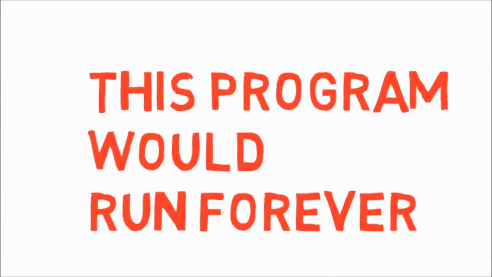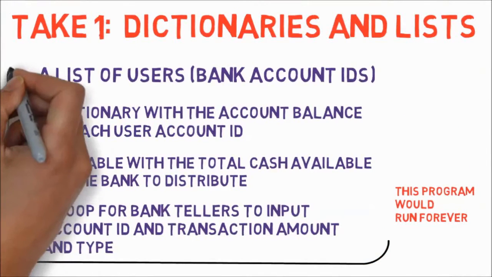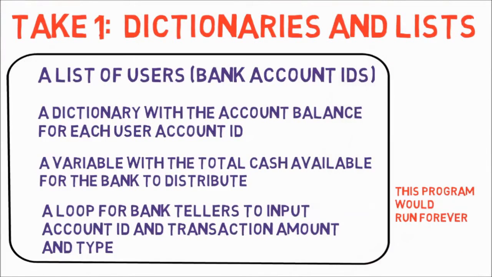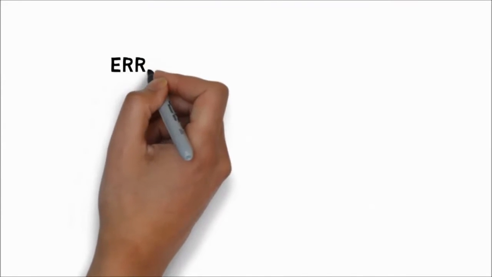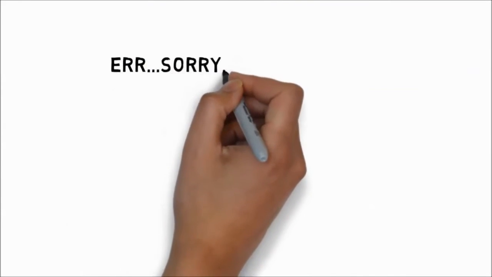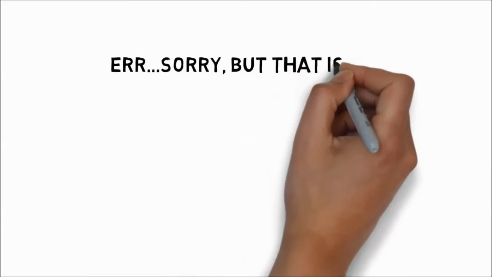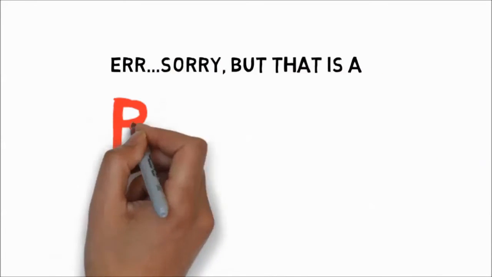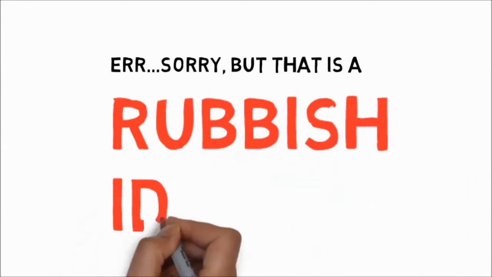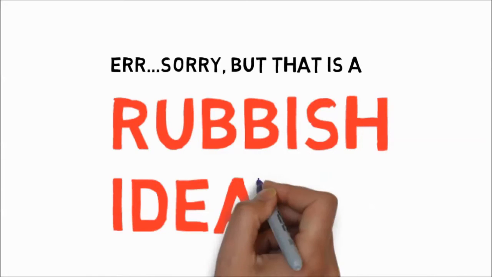It would never stop. That is because if the program stops, this list and the dictionary would be completely lost. So day in, day out, without any outage, this program would have to run and keep this list and dictionary in memory and keep track of everything that's happening. The loop would run continuously.